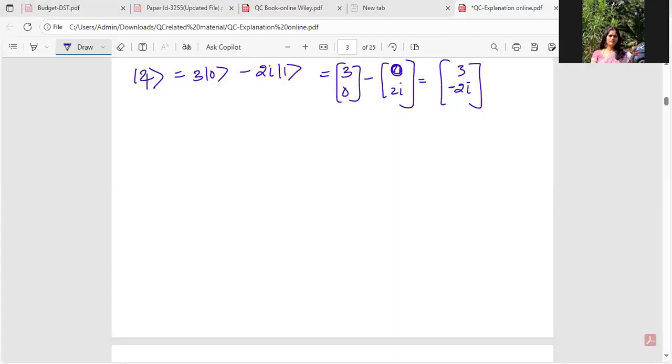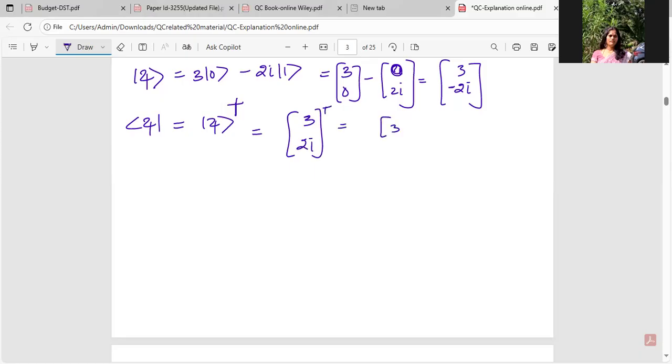This is one version of writing the matrix. Its dual is the conjugate transpose of ket psi. The conjugate of 3 and minus 2i is 3 and 2i, and its transpose would be a row vector, 3 and 2i.